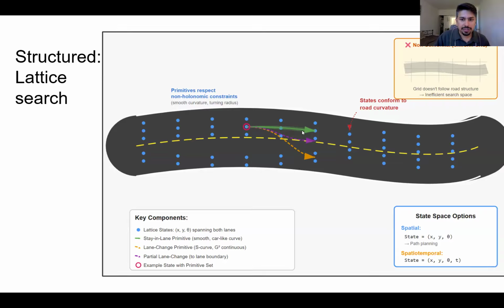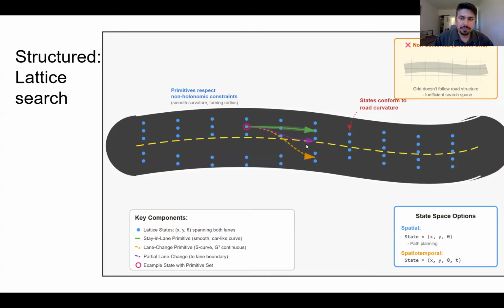This is where I was talking about how this system is not as divided into behavior planning and motion planning, because it is continuously discretizing that action space into the motion primitives. So in this case, the green one is going straight, the purple one is going in between the lanes, and the orange one is actually making the lane change.